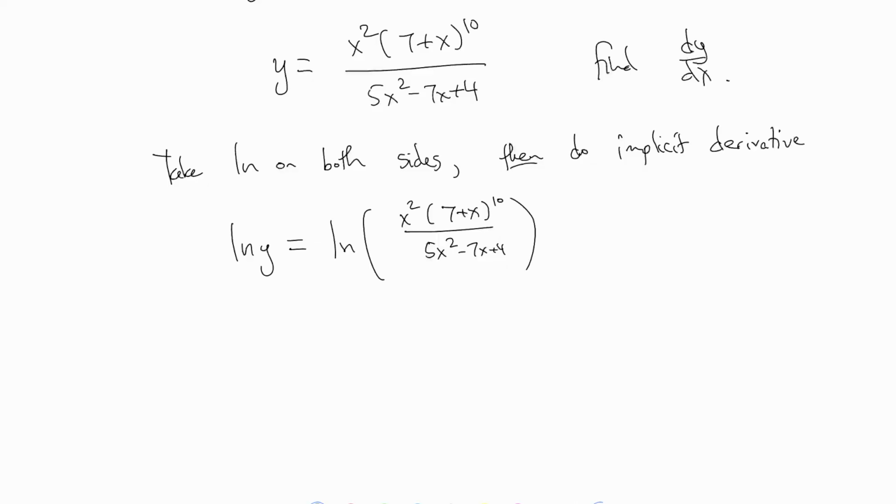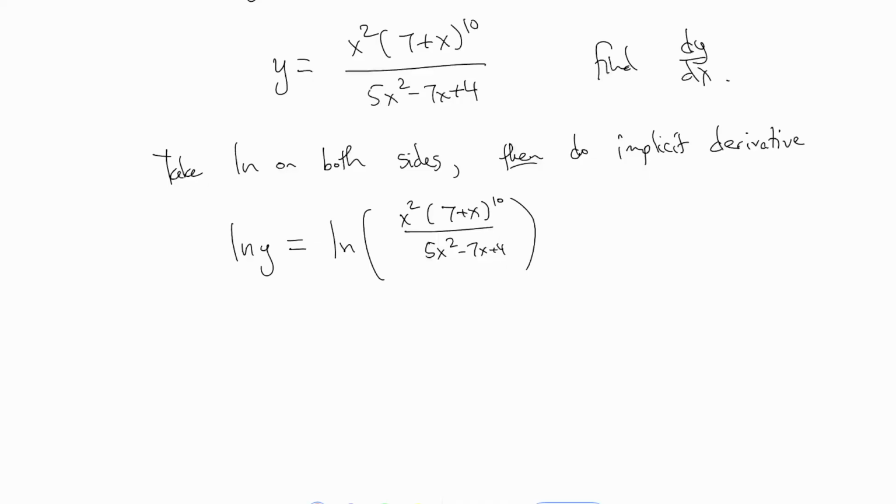Actually, I'm not going to do the derivative immediately because we can simplify the thing on the right. What makes this a pain in the derivative is all these products and quotients. So I'm going to try to rewrite this with no products, quotients, or 10th powers. We do so by using our rules of the log.